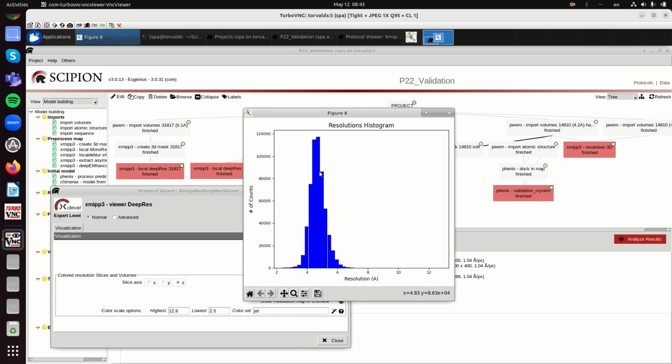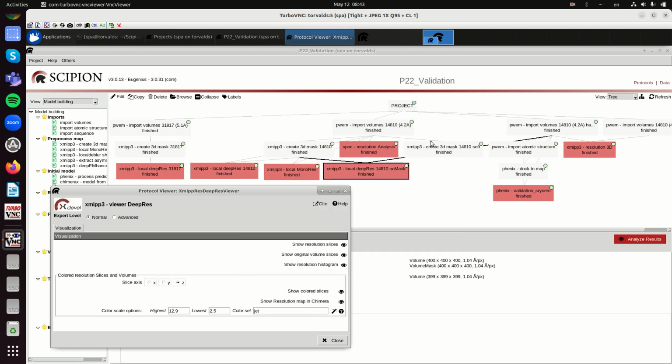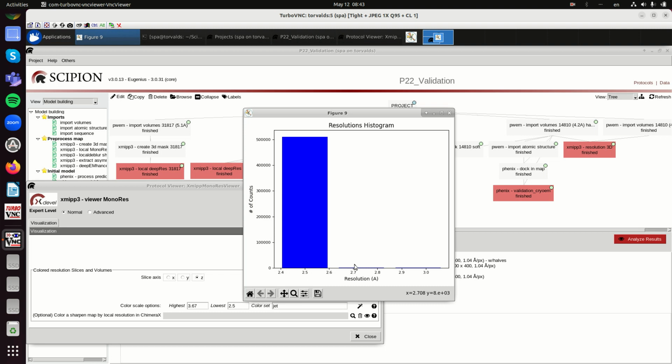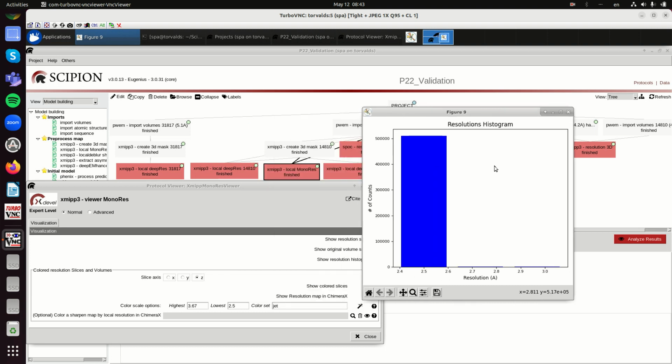So the mask really influences a lot all your measurements of resolution. MonoRes, for instance, that is another local resolution analyzer, is also fooled by the masking, because MonoRes looks at the signal compared to the noise, and the noise is defined as the background. So if there is no noise in the background, your signal appears to have extremely high resolution.